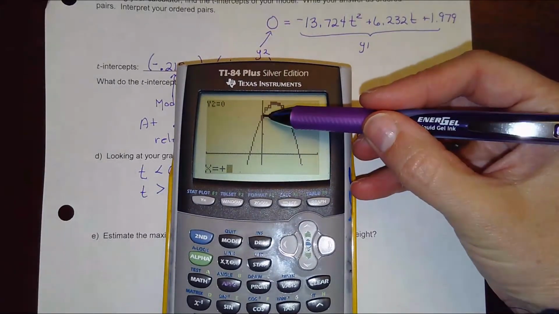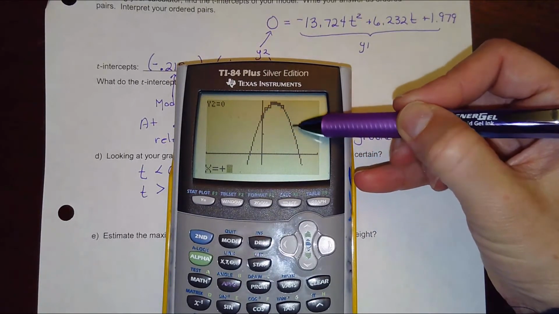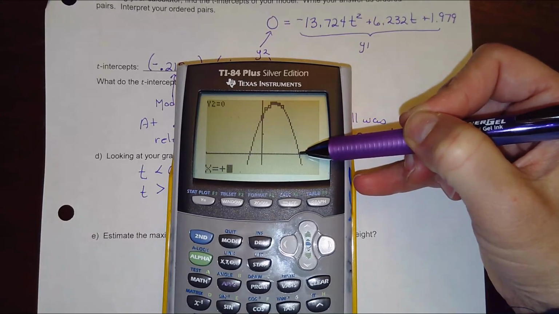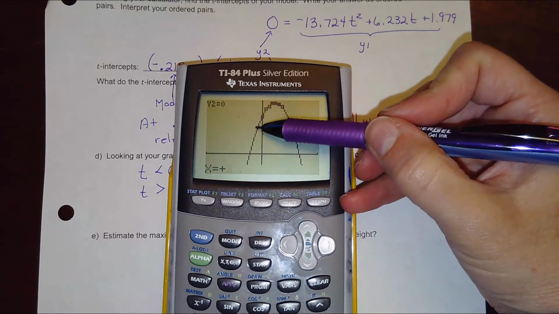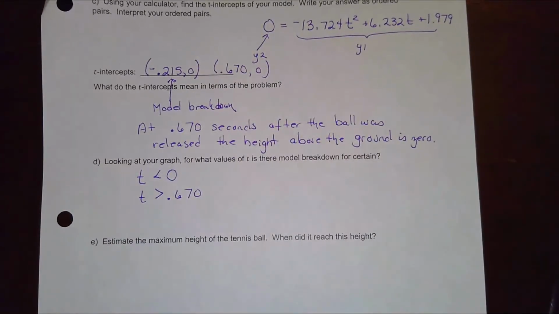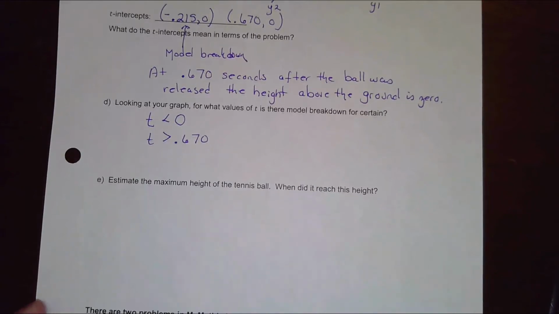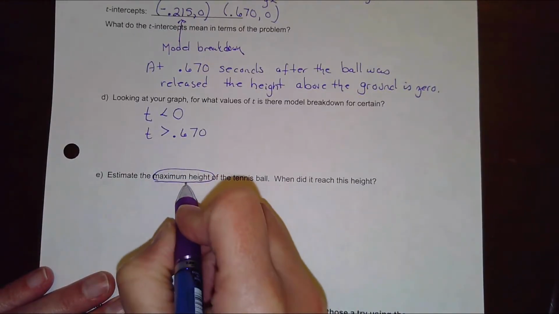So the only parts that make sense are from t equals 0 to when it hits the ground, t is 0.67. Anything bigger than 0.67 or less than 0, there's model breakdown. Okay, and then the last thing is they want to know when the maximum height occurs, and that's the vertex.